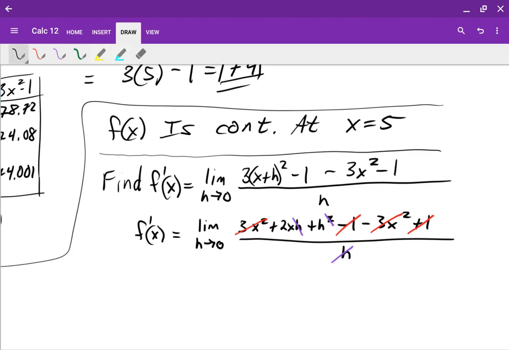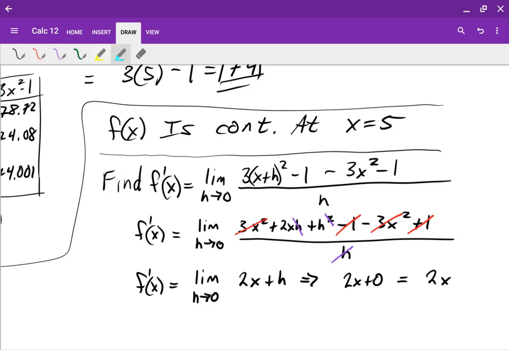Okay, and so we've got f prime of x equals the limit as h approaches 0 of 2x plus h. Now if I let h approach 0, I'll go ahead and write 2x plus 0, which is 2x. So we've basically demonstrated that f prime of x is 2x.